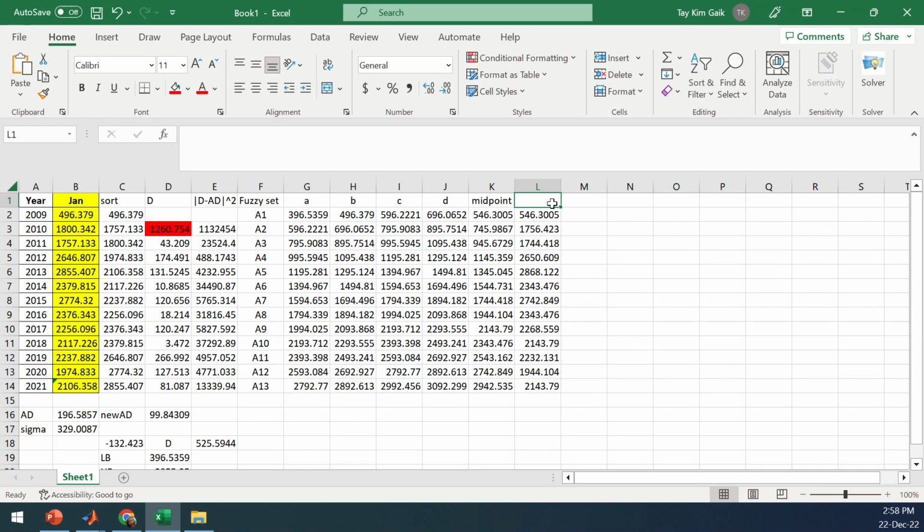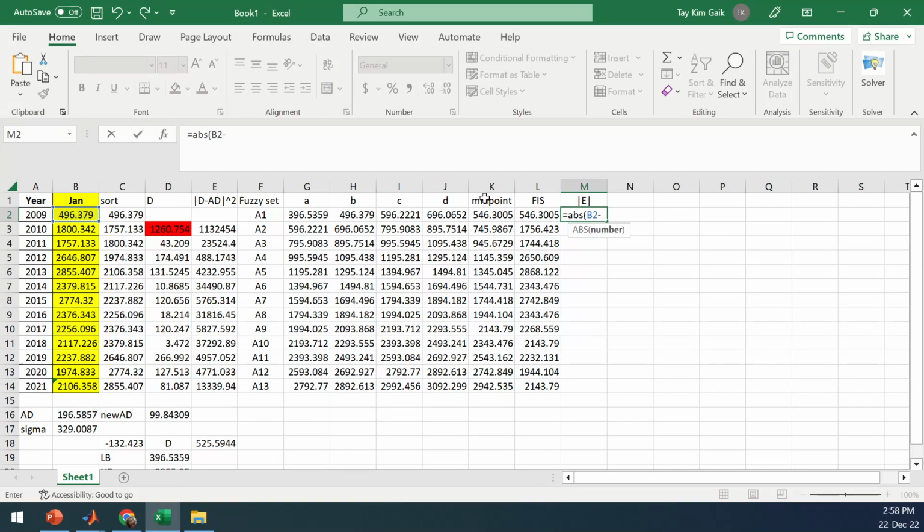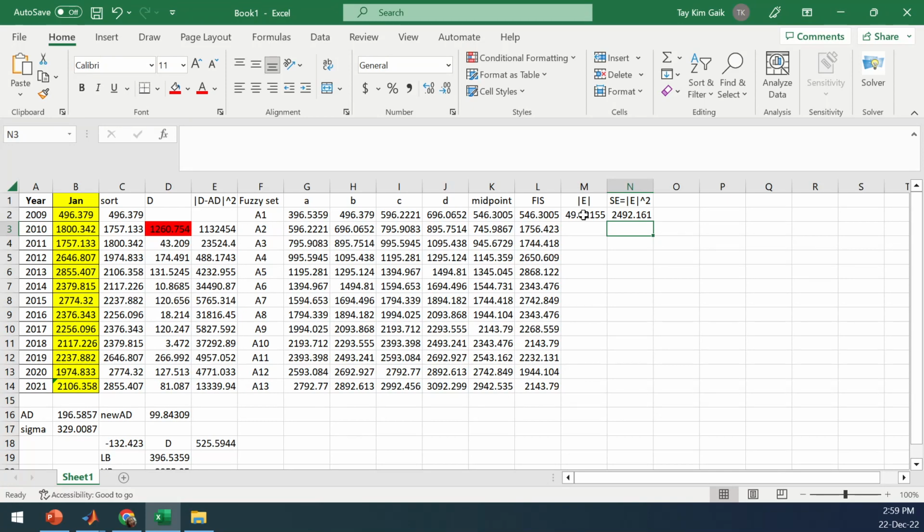So this is the forecasted output from the FIS, and you can do all the error analysis. ABS of the real data minus the forecasted data, and you can find the squared error, which is your absolute error to the power of 2. You can do the relative error, which is your absolute error divided by your real data.